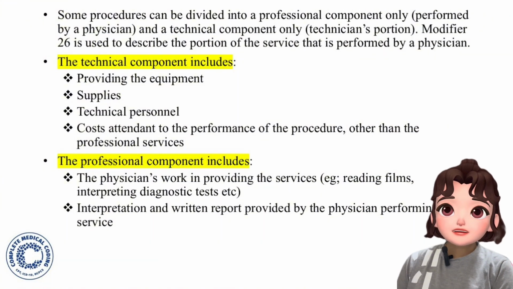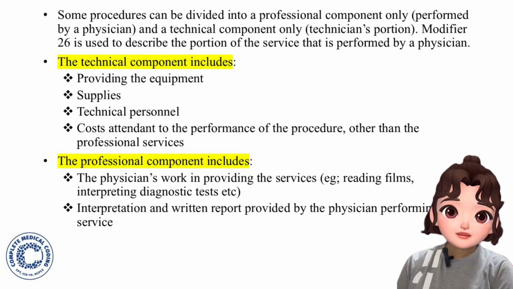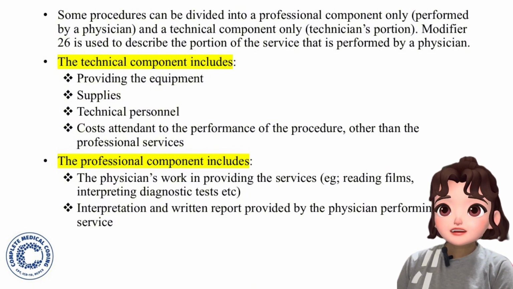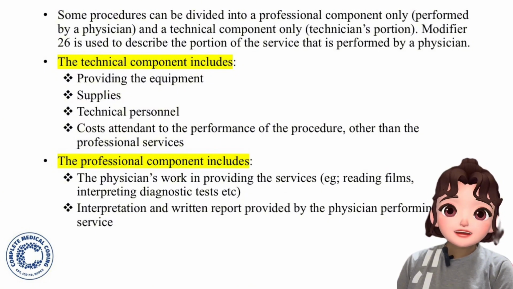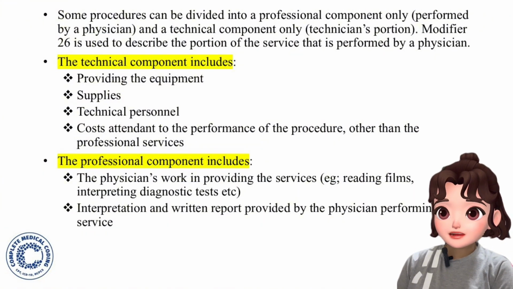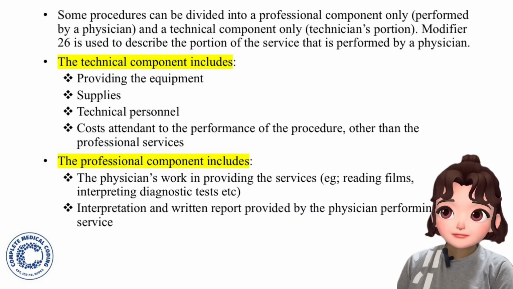So let's discuss the difference. What does the technical component include? If you are appending modifier TC, it means the technical component includes providing the equipment, if the technician is providing the equipment or supplies, technical personnel, meaning a technician, and cost attendant to the performance of the procedure other than the professional services.